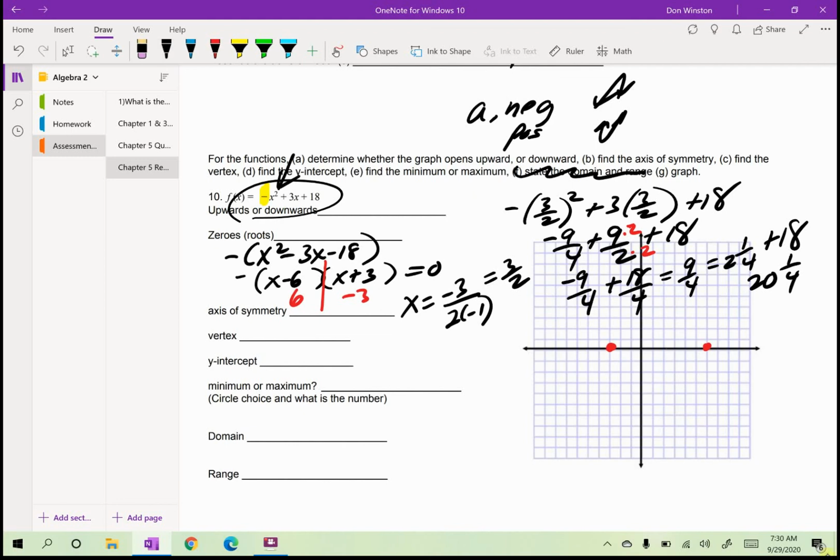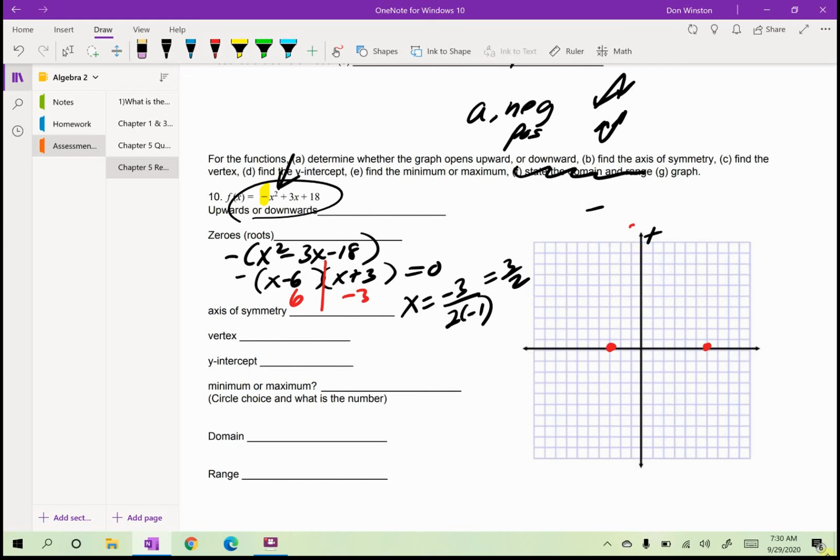All right, so remember that, 20 1/4. So that's going to be way up there, somewhere way up there. So the vertex is at x is 3/2 and y is 20 1/4.